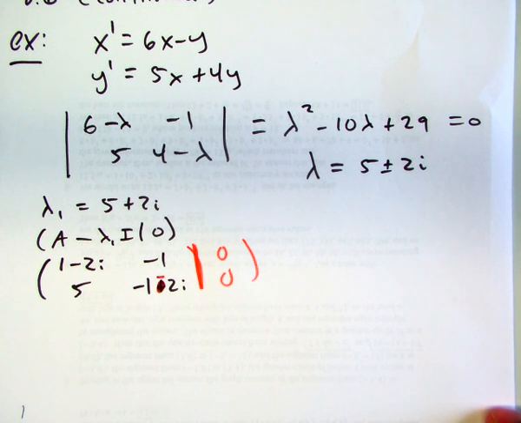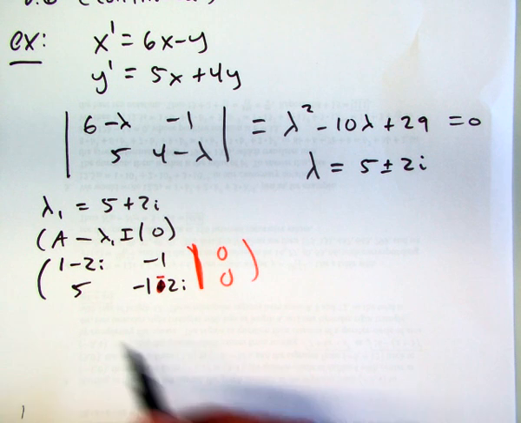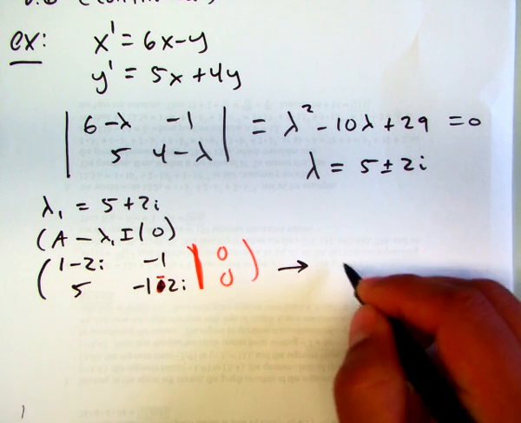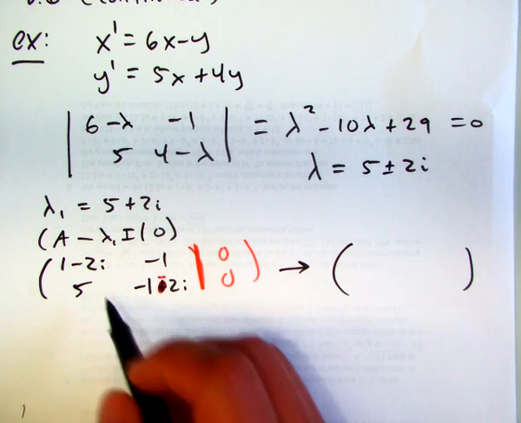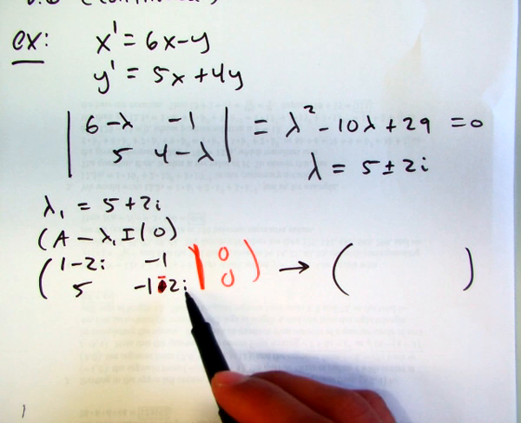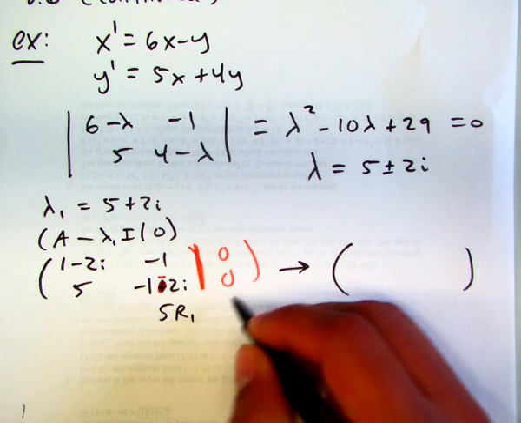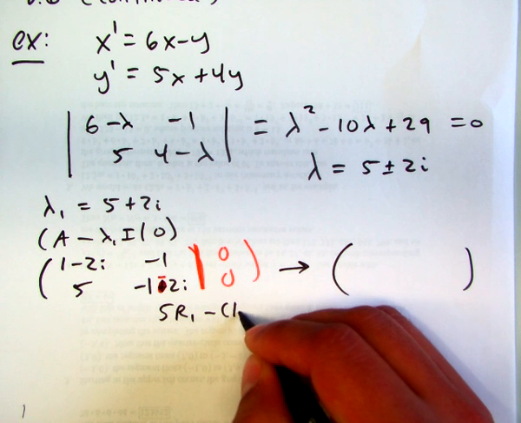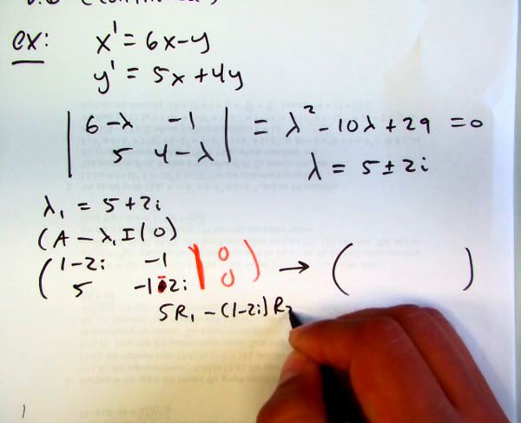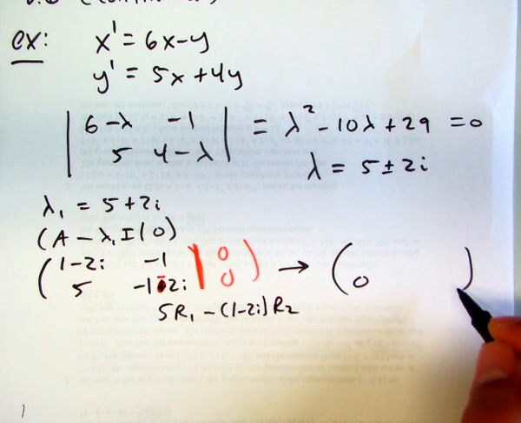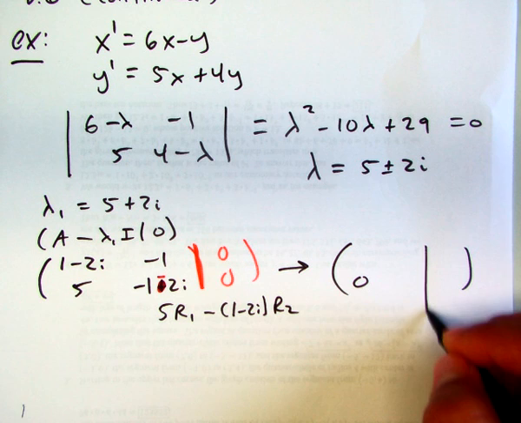And if you haven't noticed already, when you cancel out the bottom row by multiplying 5 times row 1 minus 1 minus 2i times row 2, you get a 0 here.